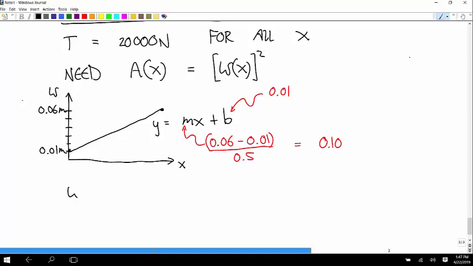And so W as a function of x is 0.10x plus 0.01.